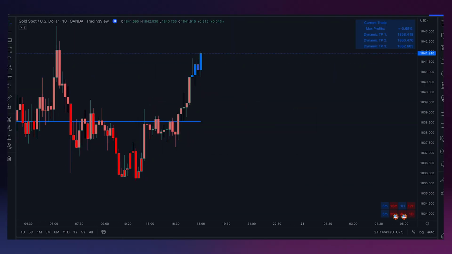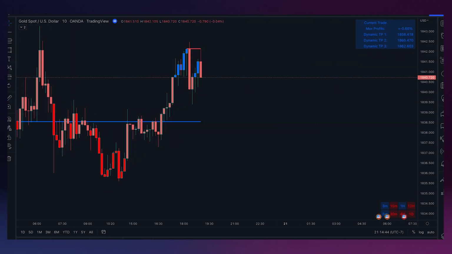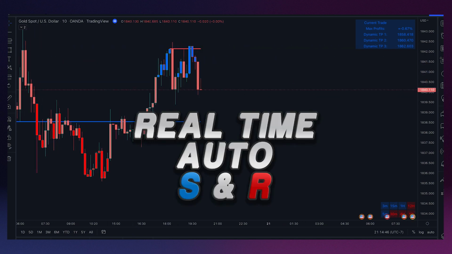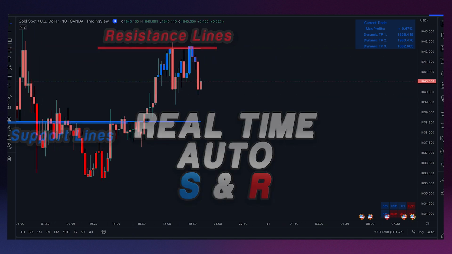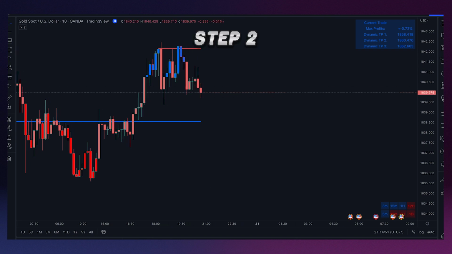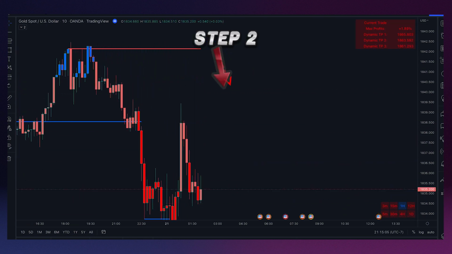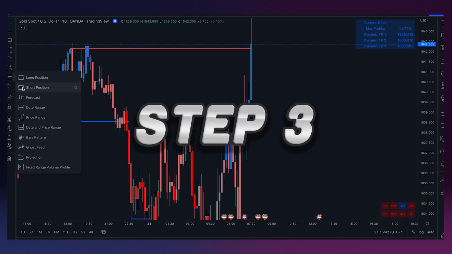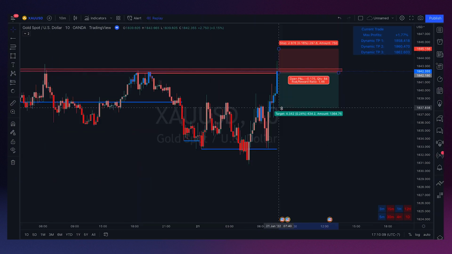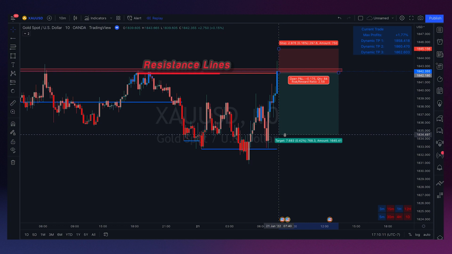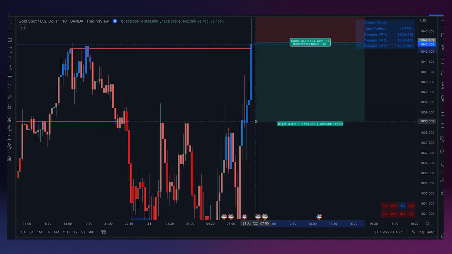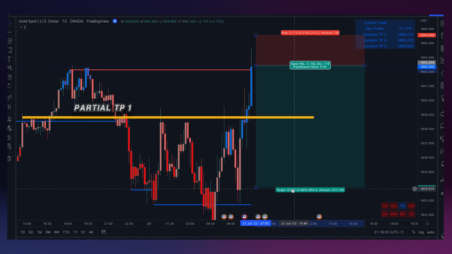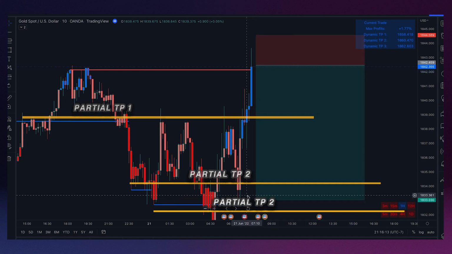Step 1 is having Trusted Signals detect the auto support and resistance line, which comes in real time. And then just patiently waiting for price to come back, retesting the resistance and entering short after confirming a rejection. And again, using these previous support and resistance lines as your profit-taking areas.